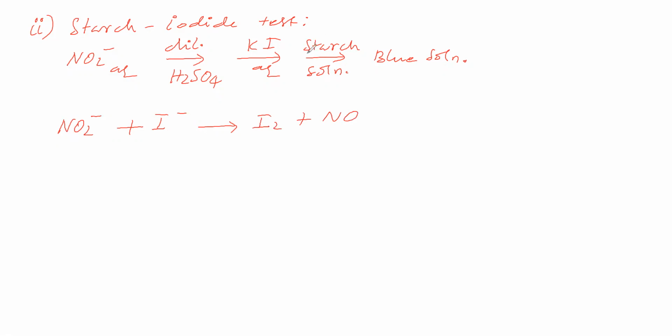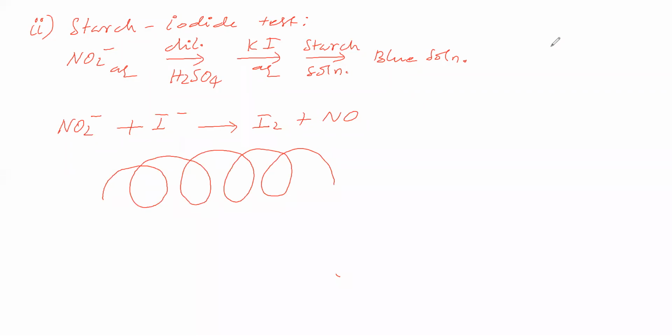Now this I2 with the starch, what do we get? We will see. Starch we will write like this. Starch is a polymer, a polymeric chain. Then I2 will go into the empty space of the chain.